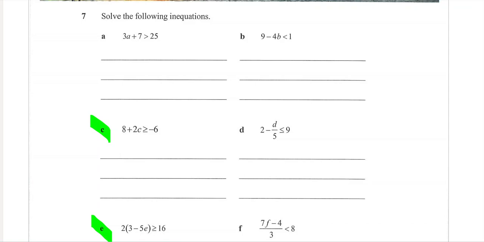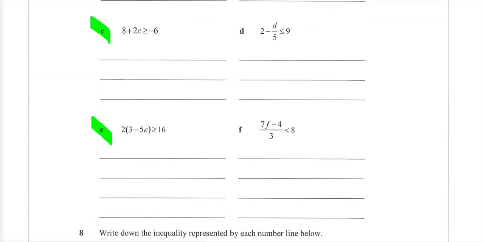So let's have a look at these two that I've highlighted. Question C. I want to get the c by itself. There are two numbers, the 8 and the 2. Normal equation solving, what should I do? Minus 8, good. Minus 8 here, minus 8 there. So 2c, and just make sure you keep writing that greater than or equal to sign. Don't change it to a normal equals, just keep that sign.